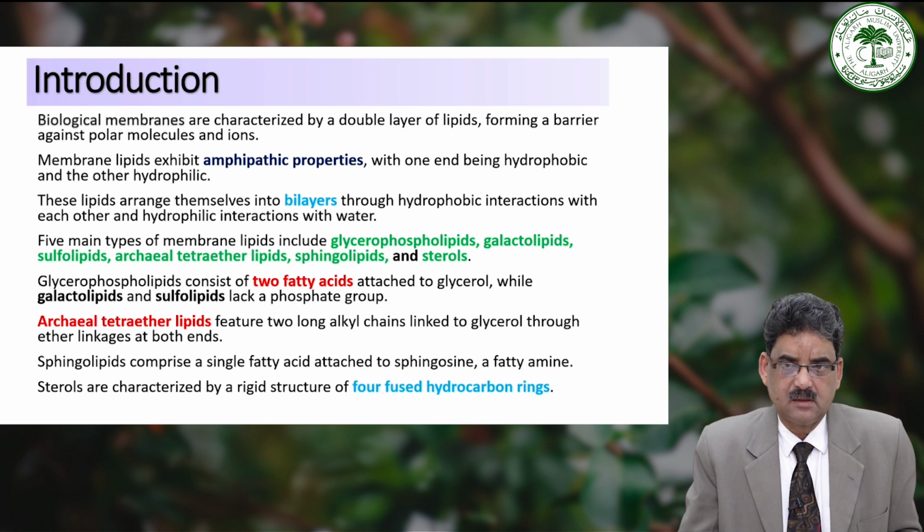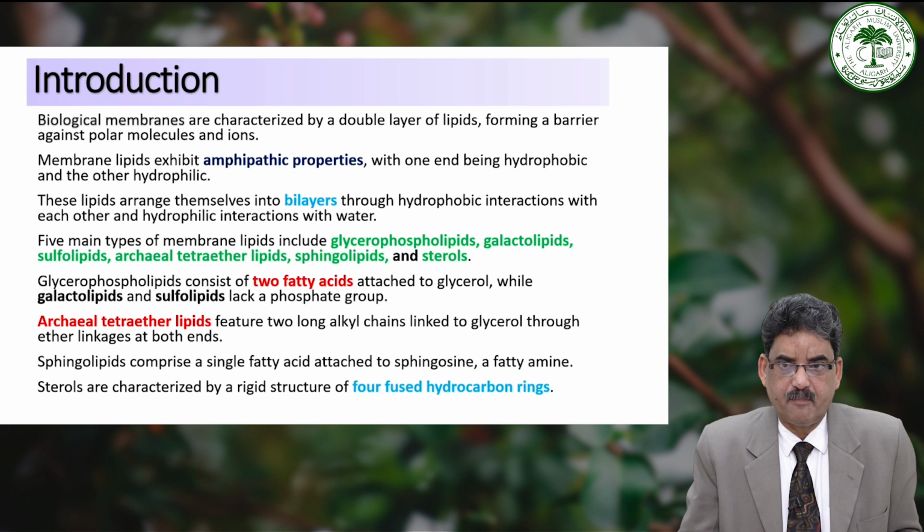These membrane lipids possess amphipathic properties, meaning they have both hydrophobic and hydrophilic regions within their structure. The hydrophobic interactions between lipid molecules facilitate their assembly into bilayers, while their hydrophilic regions interact with water molecules.